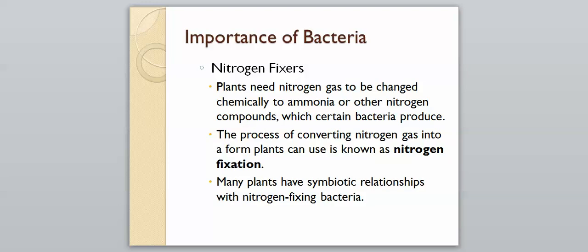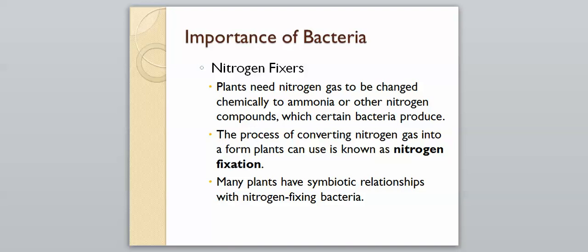The next one is an interesting one. They're known as nitrogen fixers. What this means is that plants need nitrogen gas to be changed chemically to ammonia or other nitrogen compounds, which certain bacteria produce. There's a lot of nitrogen in our air, and plants cannot use that nitrogen. They need it to be changed to some other form so they can use it.